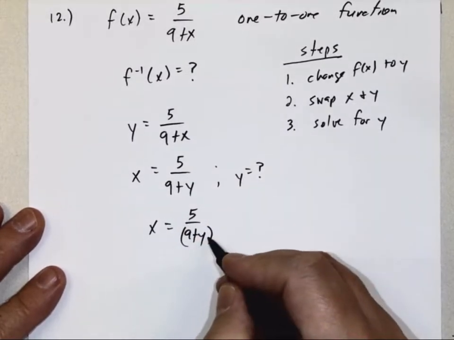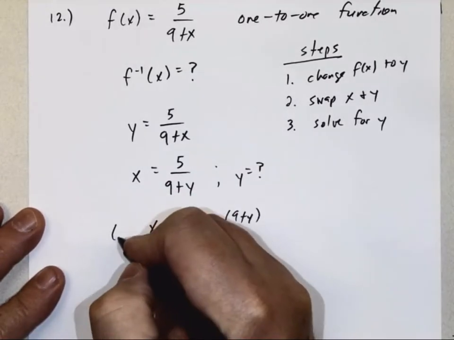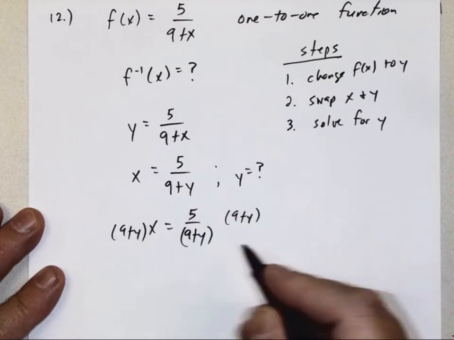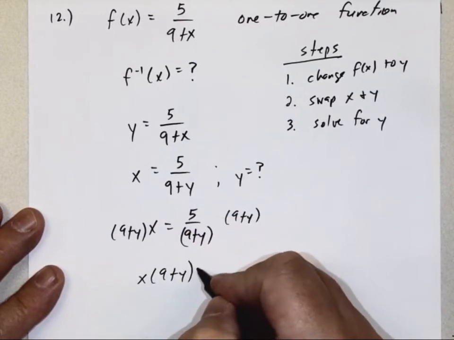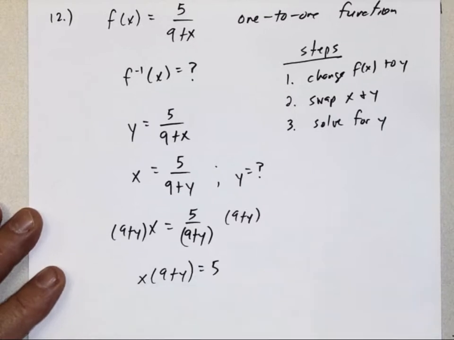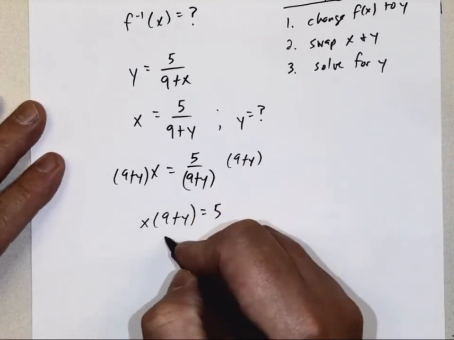For instance, 9 plus y is on the bottom, so I'll multiply both sides by 9 plus y. And you get x times 9 plus y in parentheses equals 5. Now to solve for y, let's multiply out the parentheses.